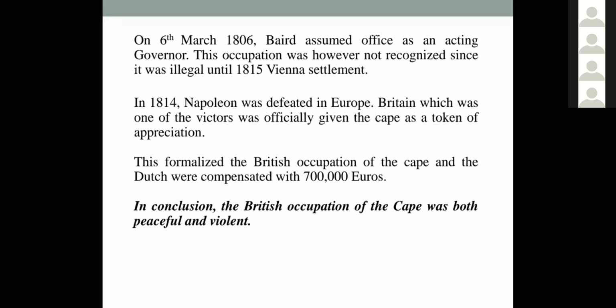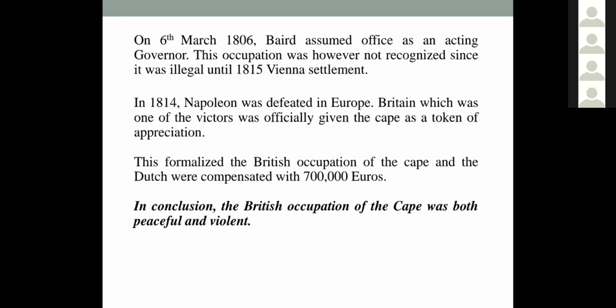But in 1815, Britain was permanently taking over the Cape, and the king had assumed his responsibilities back in Holland. So that's why the Dutch had to be compensated.